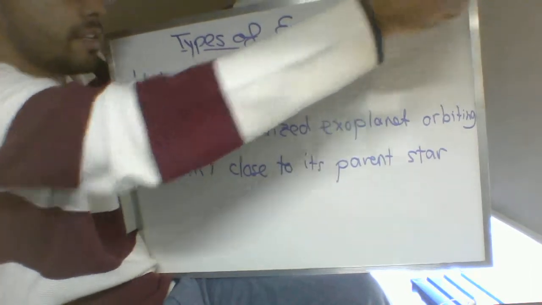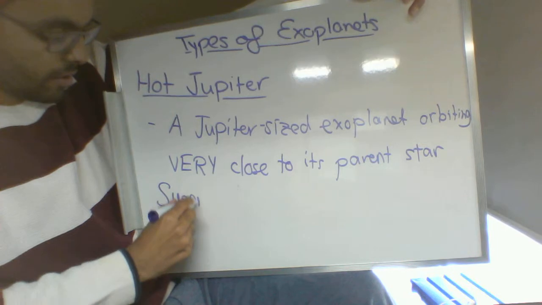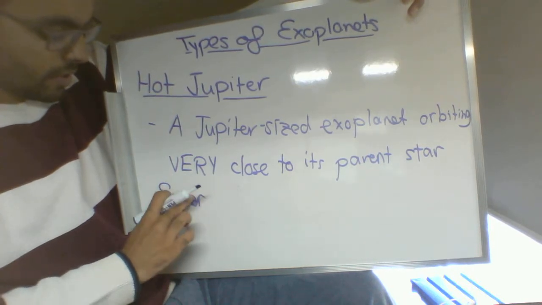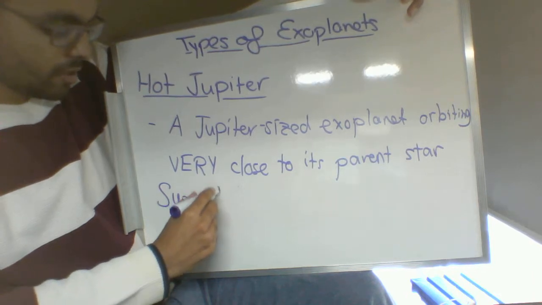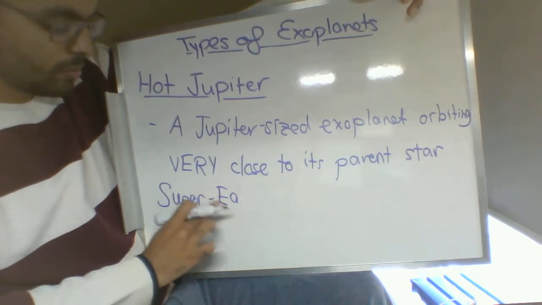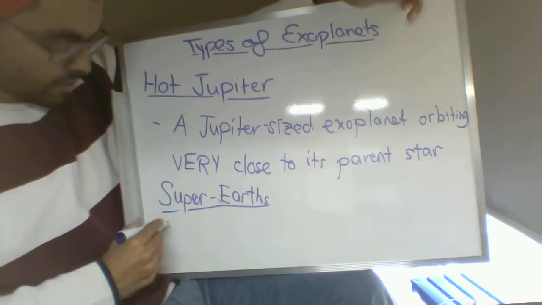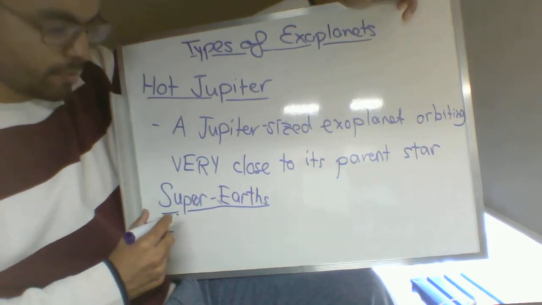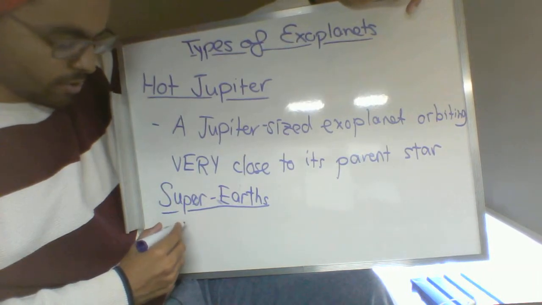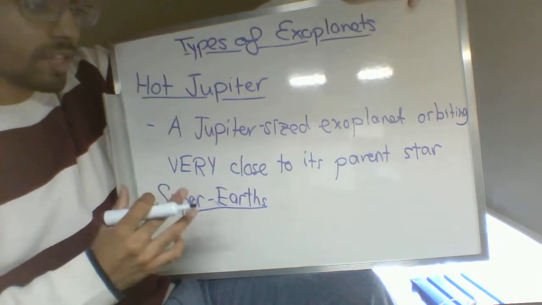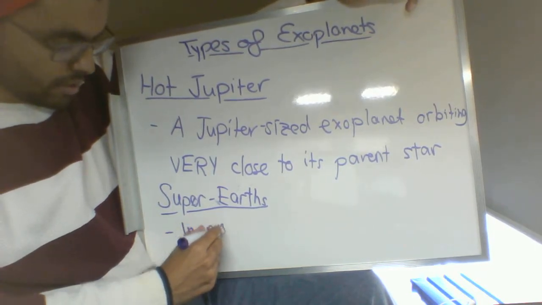A second type of exoplanet, just really quickly, is called a super-Earth. We'll only talk about these two. Basically they're planets that are in the habitable zone or very close to the habitable zone.